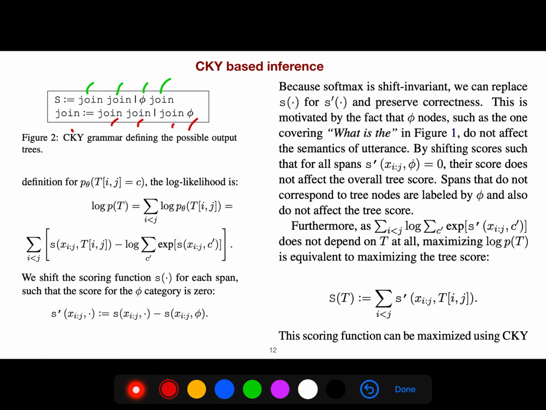So the likelihood, like before, comes out of the log of an exponential being itself, but because of this summation we cannot remove it, so we simplify. We shift the scoring function for each span such that the score of the null category is 0.